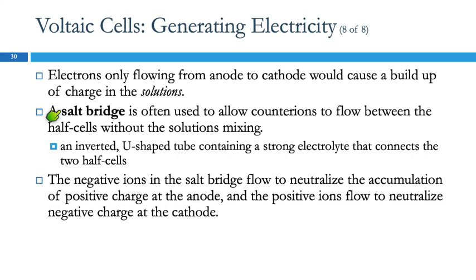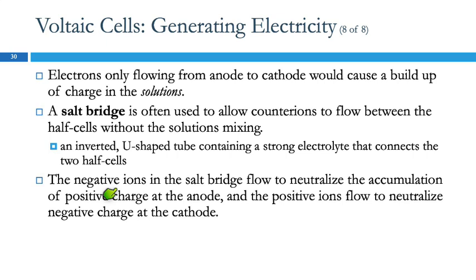And so in these more primitive cells, we'll often use something called a salt bridge. And this allows counter ions to flow between the half cells while not allowing the solutions to mix. And so one way to create this is an inverted U-shaped tube that has a strong electrolyte in it, and that's going to be connecting the half cells. It's called a salt bridge.